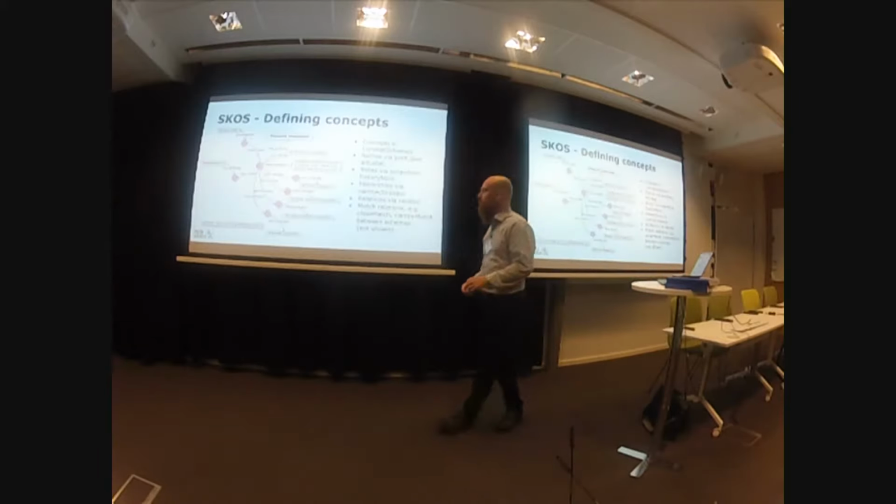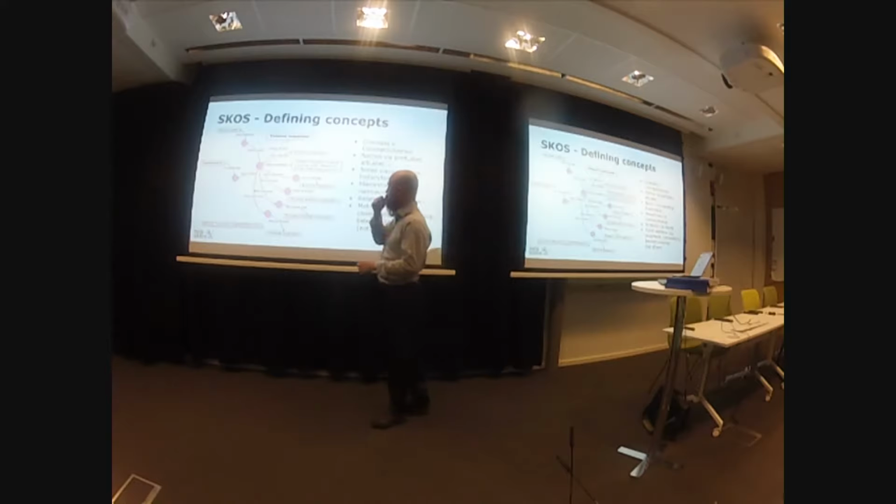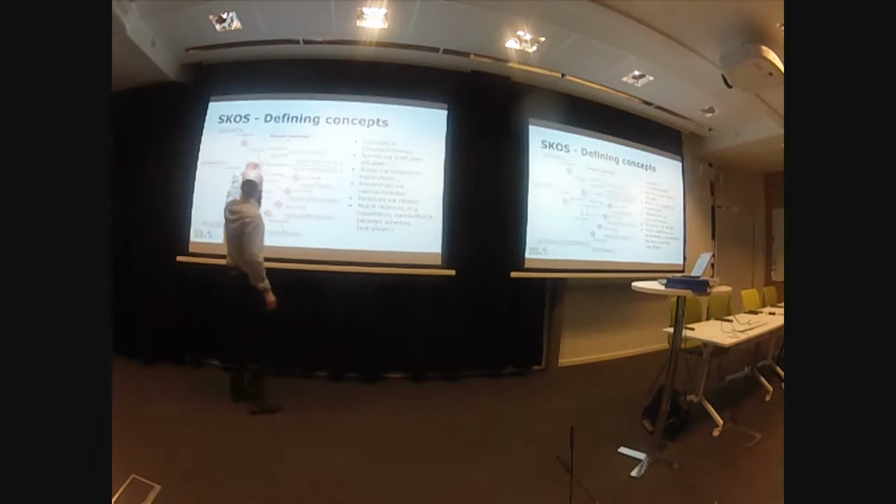Now I didn't have the energy to draw my own picture, so I took one from an early version of the standard, or the primer. Here we are defining a concept with a name, economic cooperation. Now, economic cooperation has more refined concepts that we may need to use sometimes. So there is a narrower concept, which is economic integration.